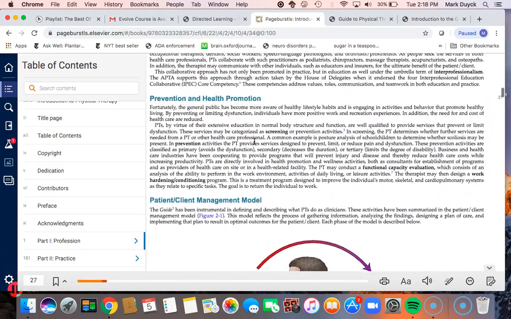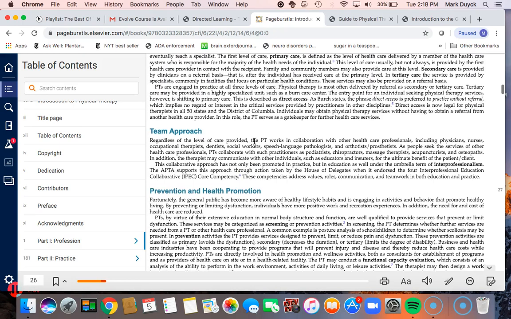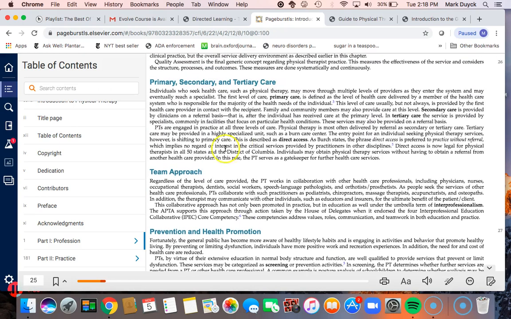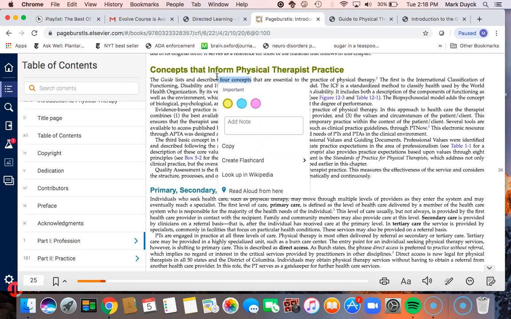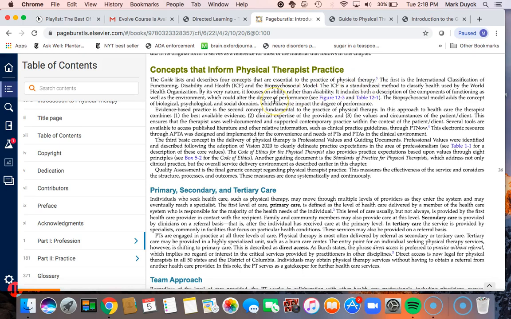So I wanted to call out particularly a really good summary that the author of your textbook provides. Again, those four major concepts: looking back at the ICF model, how these two really complement each other, the early emphasis now on ability versus disability, and the guide lists the components of the well individual.